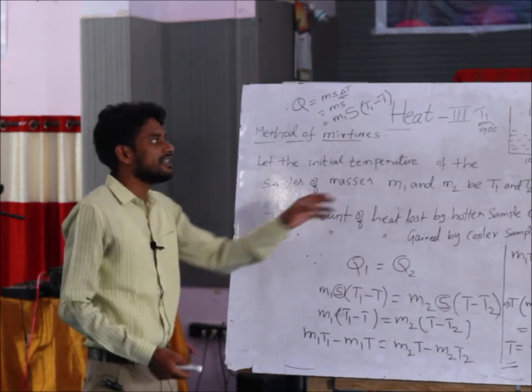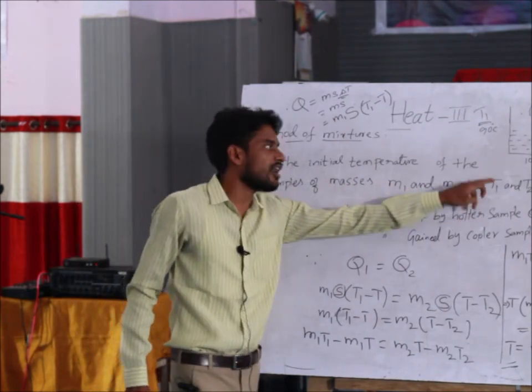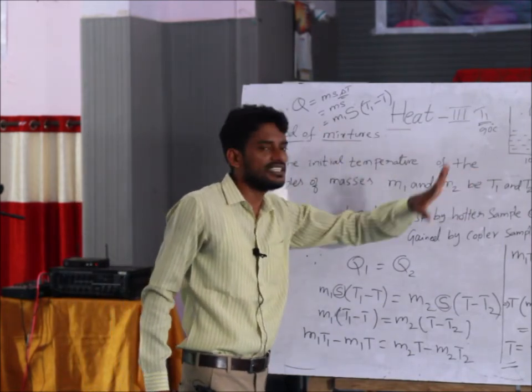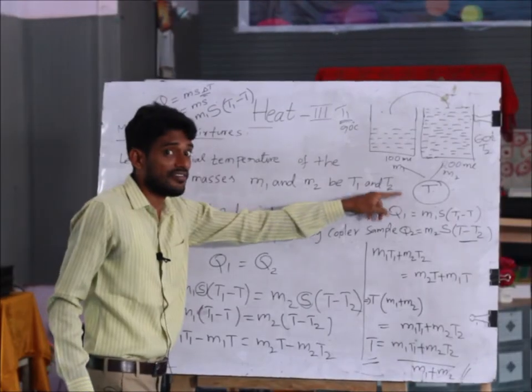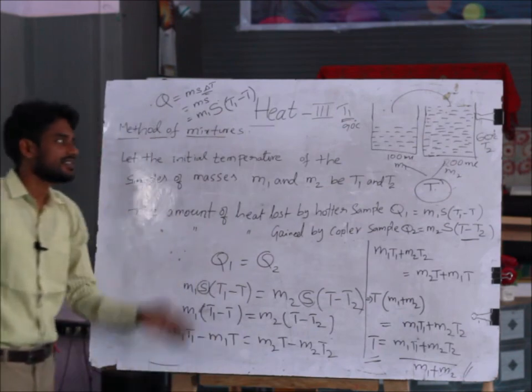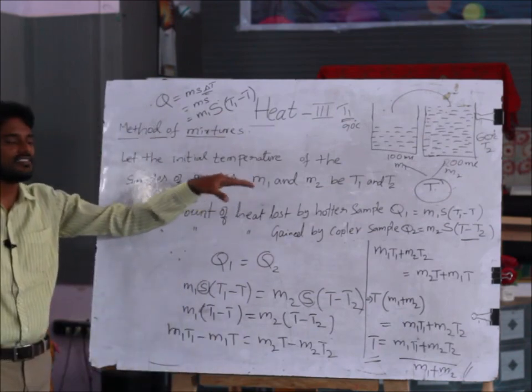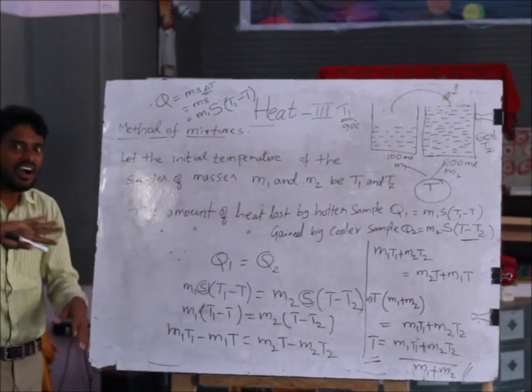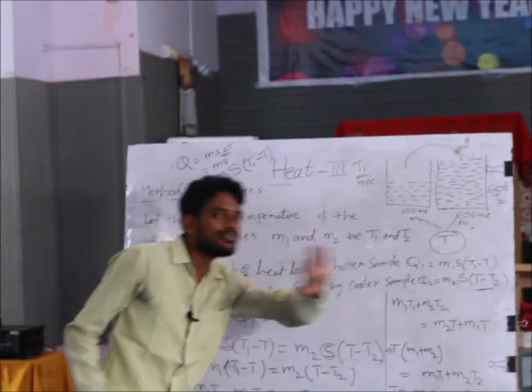T1, the initial temperature of the hotter body, is always greater than T2, and the final temperature should be greater than T2. That's why M1 S (T1 minus T) is the heat lost, and T minus T2 is the temperature change for the heat gained.